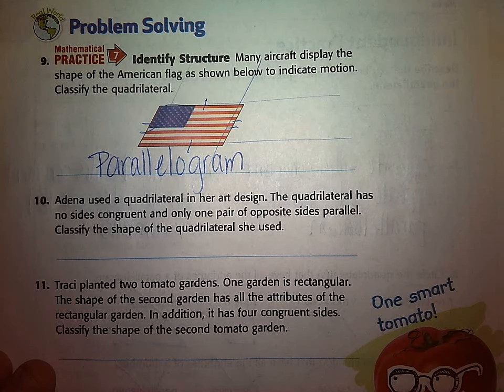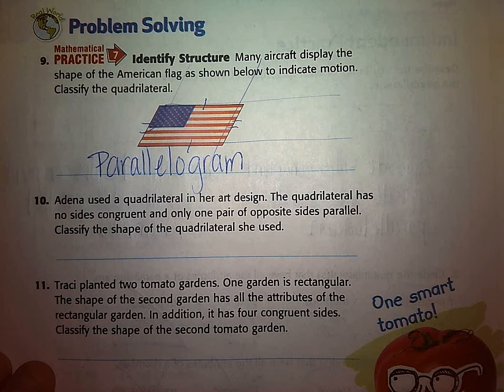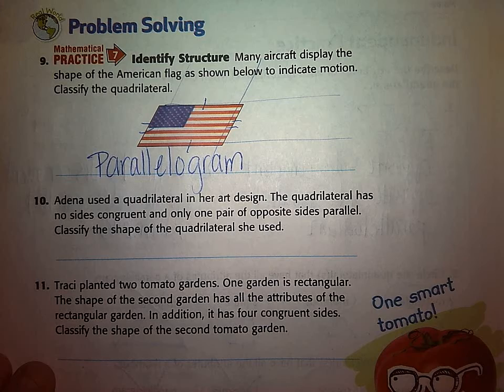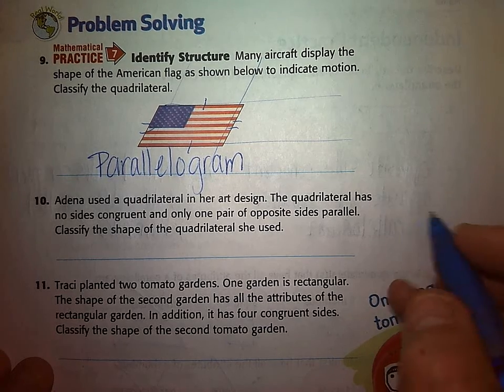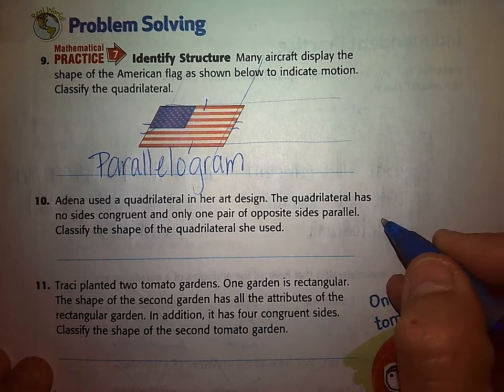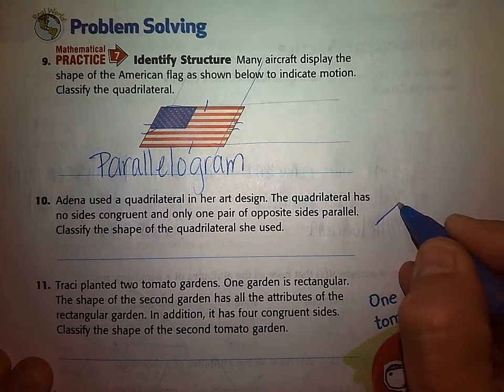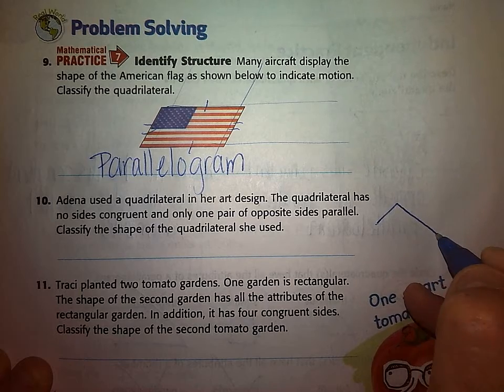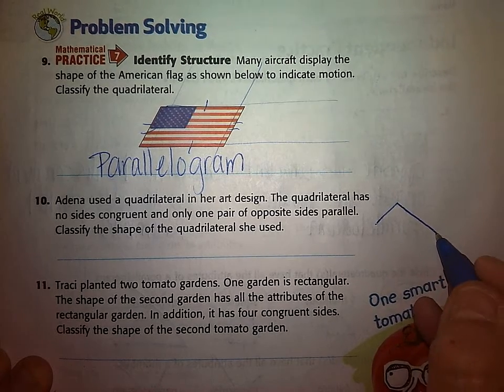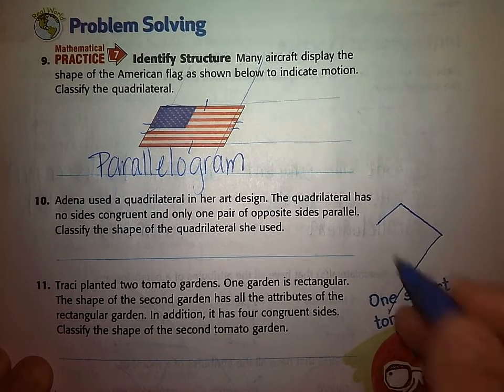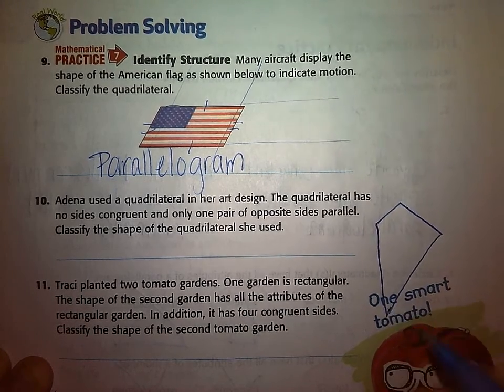Number 10. Adina used a quadrilateral in her art design. The quadrilateral has no sides congruent and only one pair of opposite parallel sides. Classify the shape. So let's try and draw it out. No sides congruent. So I've got that one, and that one, and that one, and that one.